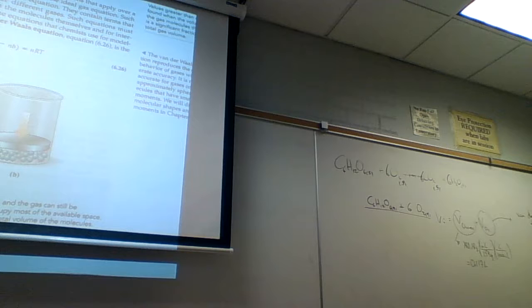So the van der Waals equation for a real gas is this. The pressure is corrected by this term, so it's P plus n squared a over V squared. And the volume is corrected by this term, V minus nb. And this is just equal to nRT. If a is 0, then that's just P. If b is 0, this is just V. And so a and b being 0 would be ideal gas.